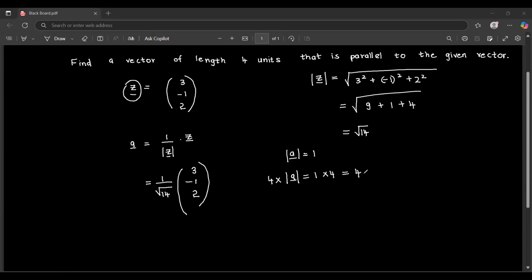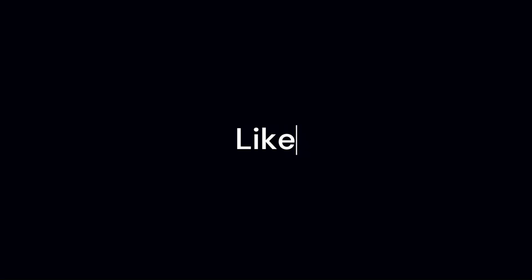So we multiply this vector by 4, which is scalar multiplication. Let's say the vector is b. Then b will be equal to 4 over the square root of 14, times (3, -1, 2). You can simplify further, but this is the main idea that you should be able to apply when it comes to magnitude of vectors and unit vectors.